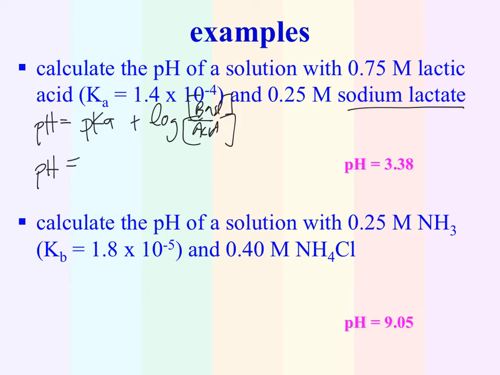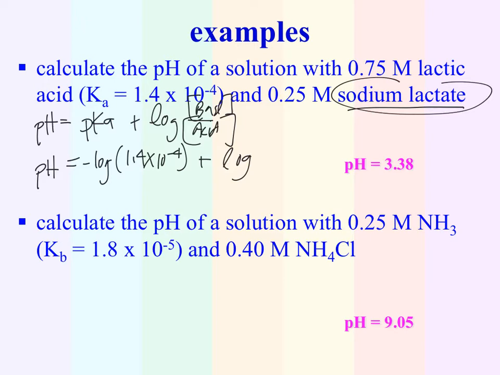Remember that our pKa is just the negative log of Ka, so negative log of 1.4 times 10 to the negative fourth, plus the log of the concentration of my base, which sodium lactate is going to be, 0.25, divided by 0.75, which is the concentration of our acid. If we plug these into our calculators, we're going to get 3.38, as seen here.